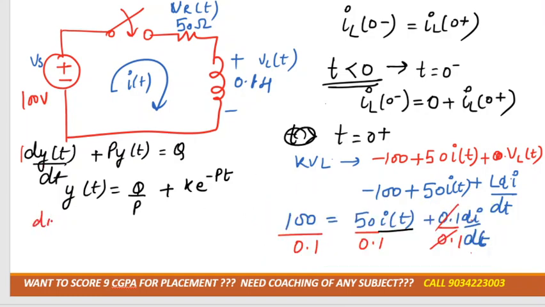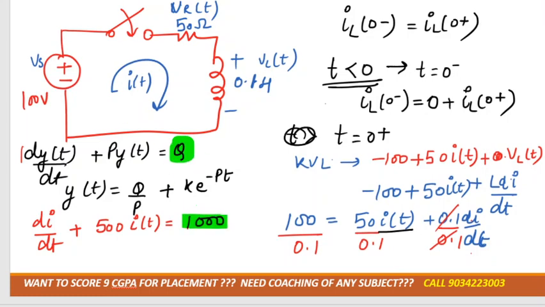The same form, di by dt plus 50 by 0.1, which is 500, I of t is equal to 1000. Can I write it? So from here what we are getting, q is equal to 1000, p is equal to 500, and y of t is how much? I of t, right?